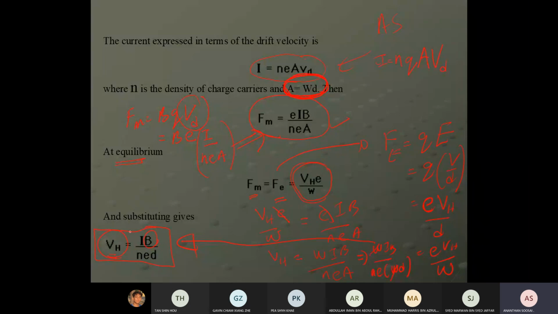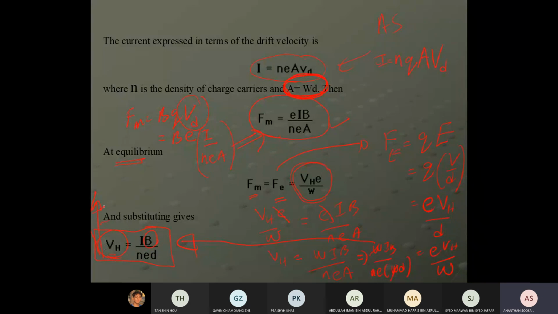Lots of questions have been asked from this formula. You see here, the Hall voltage normally will be millivolt, very small. So it's important to have a significant Hall voltage.